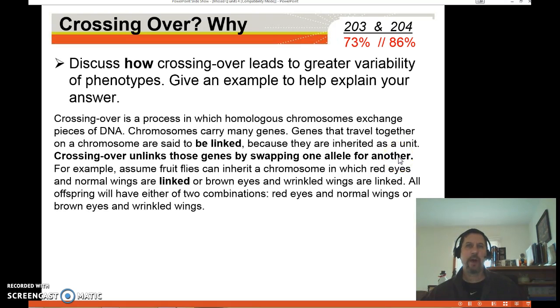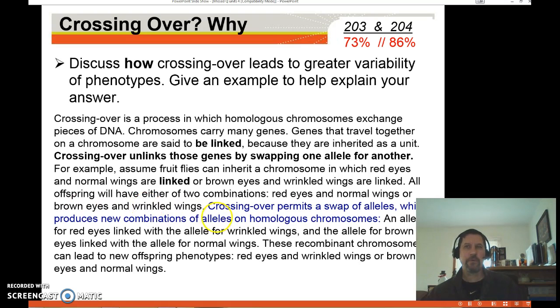Okay. They swapped the allele. And then they asked you, give an example. Assume a fruit fly can inherit a chromosome which is red-eyed normal wings, and they are linked, or brown-eyed and wrinkled wings which are linked. All offspring will have either of those two combinations, red-eye normal or brown-eye wrinkled. Okay, so those are our examples, but we got to go further.